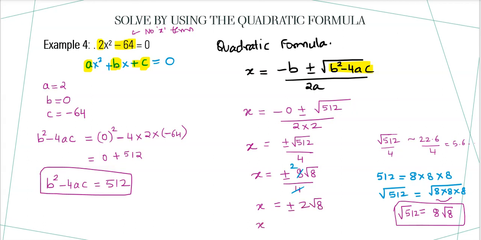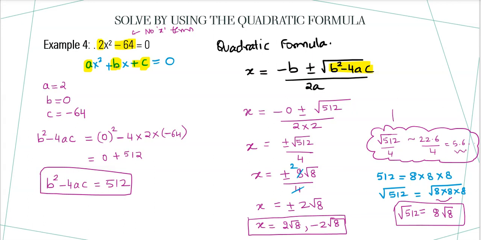So you have two different values of x: positive 2√8 and negative 2√8. And if you solve this by using a calculator, you will see that it is the same as 5.6. So it is up to you. Either do it directly by calculator or do the manual simplification in this way. Both will be the same. Okay.